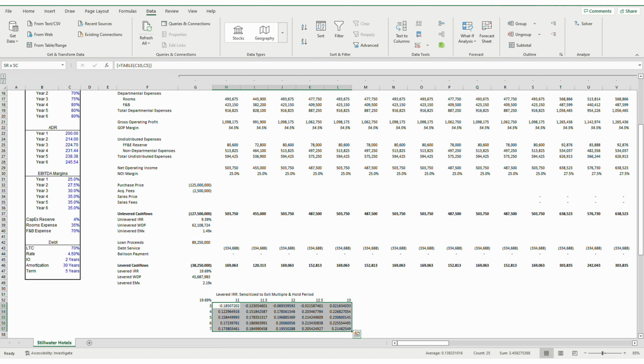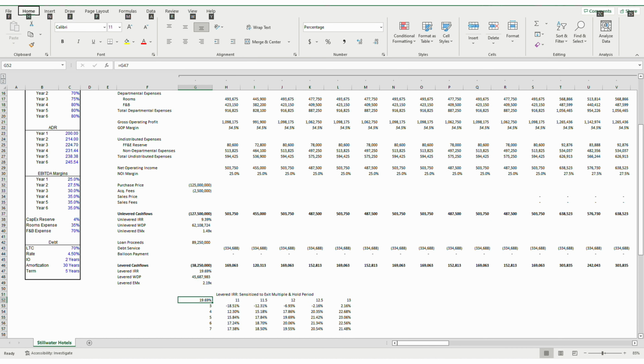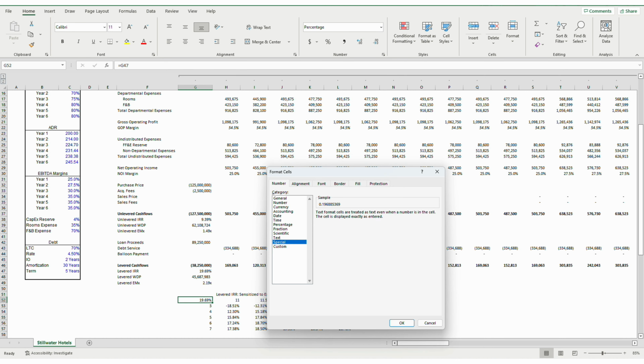Format as percents, and format the IRR input as a blank to make it more visually appealing.